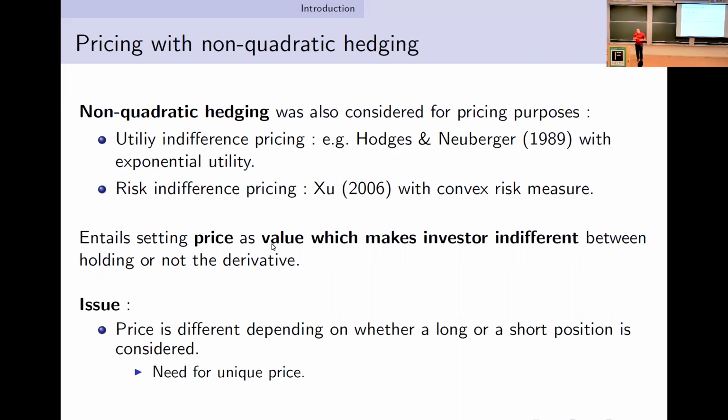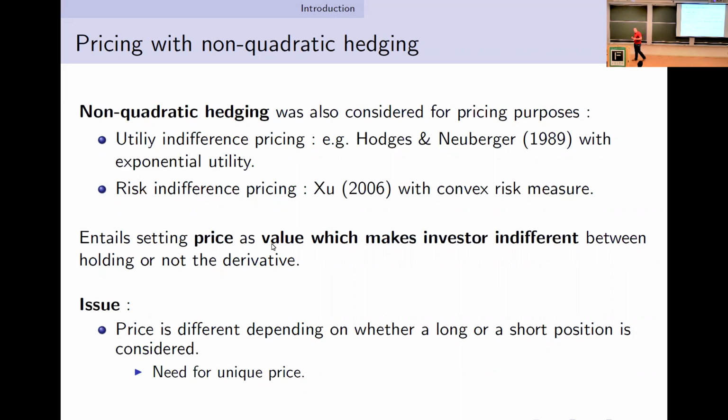Some of them are based on utility indifference pricing. So you can find the price of a derivative as the value which makes an investor indifferent between including or excluding the option from his investment portfolio. Or there's another version of this approach, which is called risk indifference instead of utility indifference.